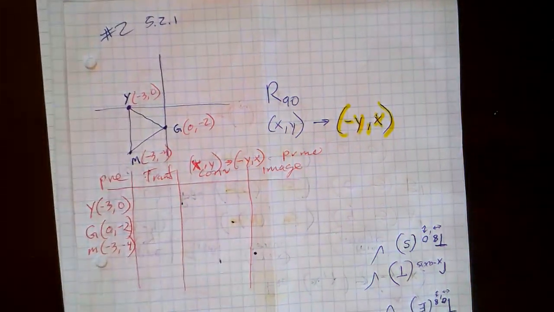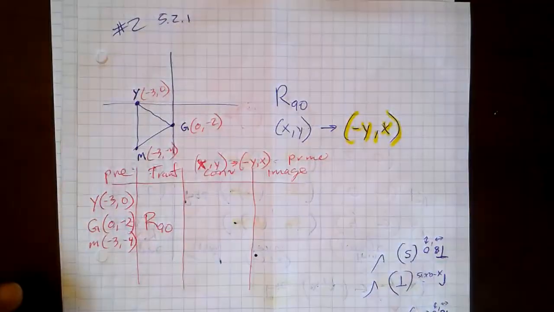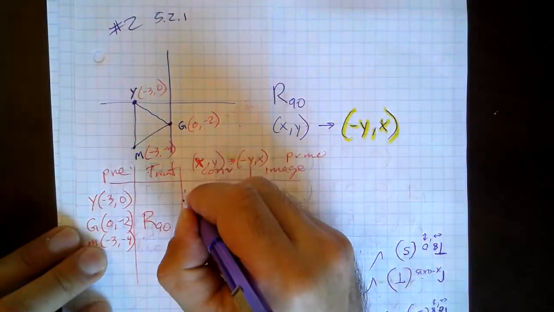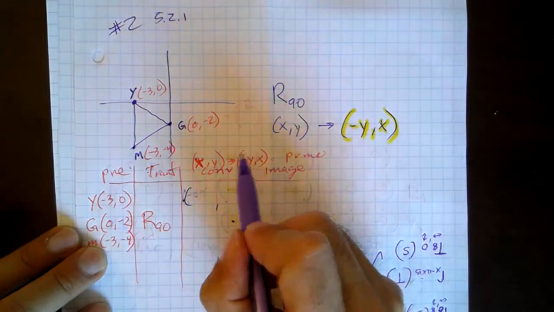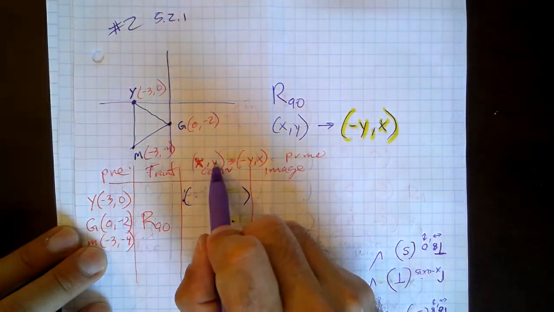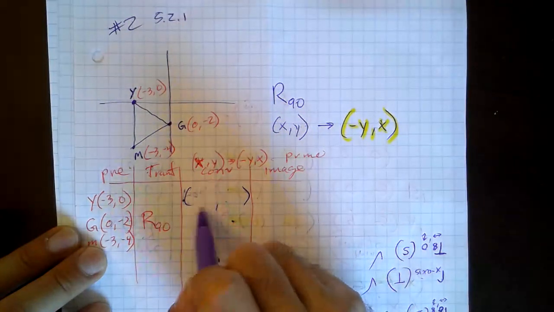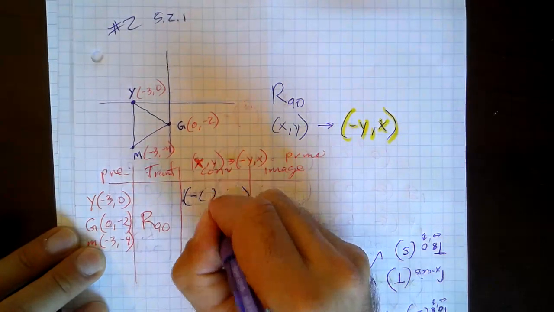Now the transformation we're going to accomplish is a rotation of 90 degrees. So this is where the conversion part comes. You're going to make a conversion with x and y, but look what happens. Whatever you have for y, the first point ends up being negative y. So we take whatever y is and we put it in negative.